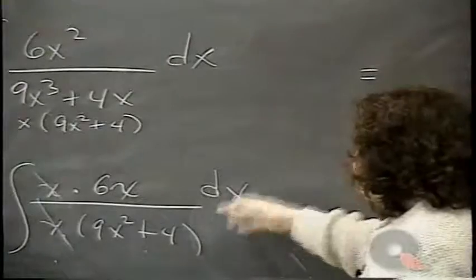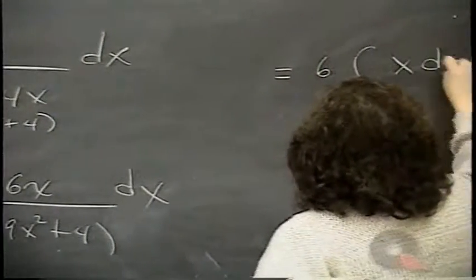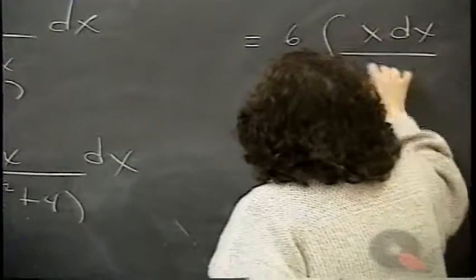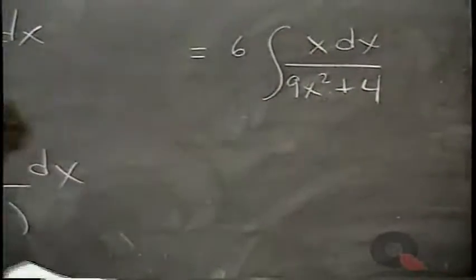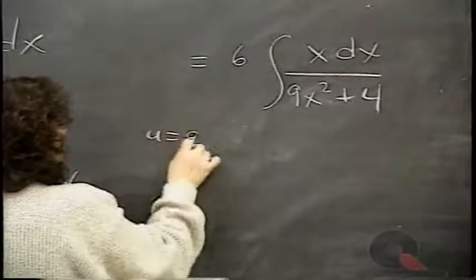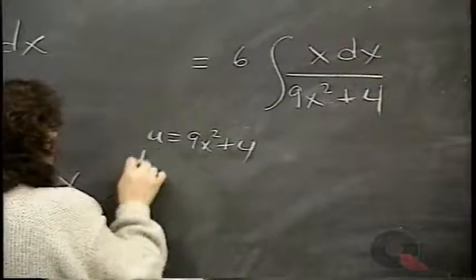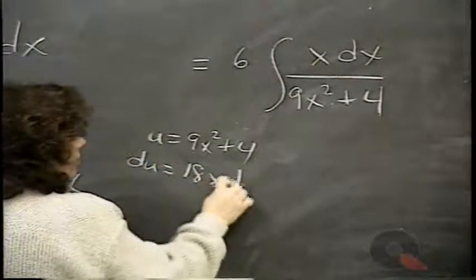You can take the 6 out if you want. 6 times the integral of x dx over 9x squared plus 4. And this is almost in the form du over u. If u is 9x squared plus 4, du would be 18x dx.